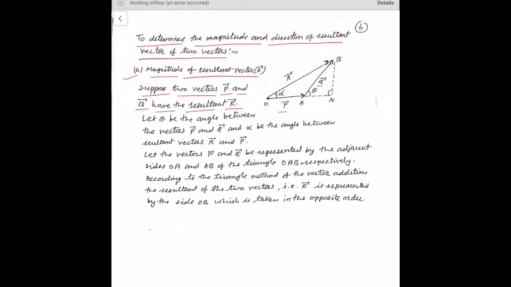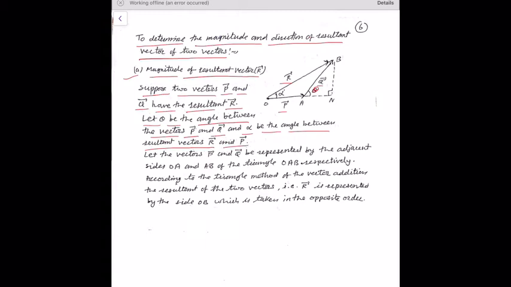Let theta be the angle between the vectors P vector and Q vector, and alpha be the angle between resultant vector R vector and P vector.